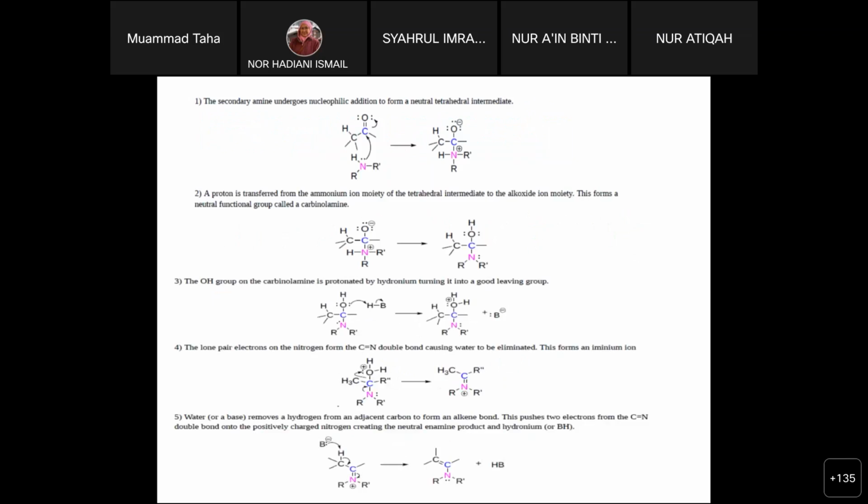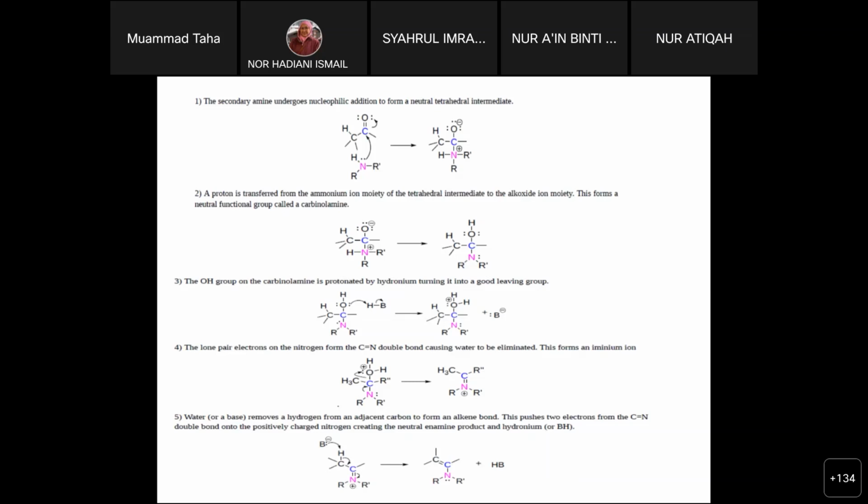Secondary amines undergo a nucleophilic addition reaction to form a neutral tetrahedral intermediate. Then a proton shift takes place. Then the acid, because I told you this is an acid catalyzed reaction, protonates here, and this becomes a protonated ion with a highly positive charge.